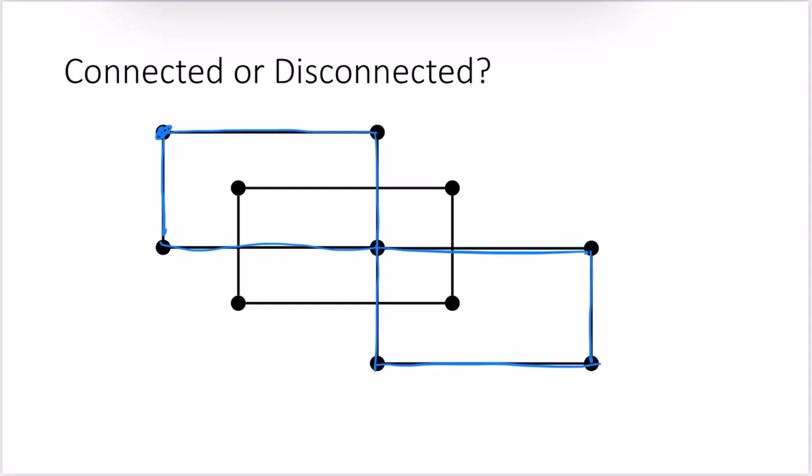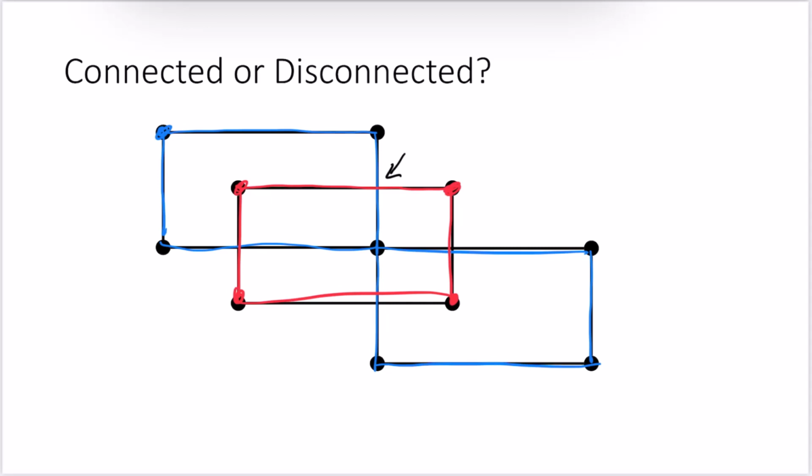However, it is not connected to this part of the graph, because it's impossible to get from the blue part of the graph that I've highlighted to the red part by following a path. Because even though the way that this has been drawn, it looks like these are overlapping here, there is no vertex here. And so that means that you can't get from the blue part to the red part.